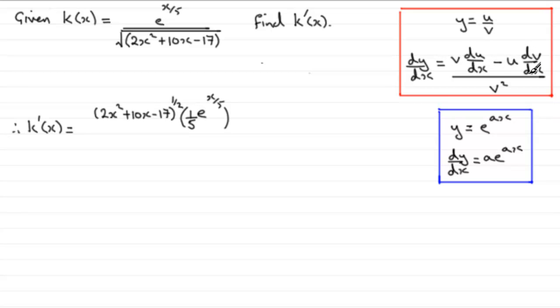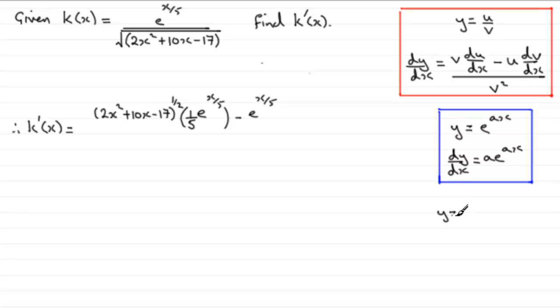Now we've got to do the next term, minus, and then we've got the top of the fraction, u, times the differential of the bottom of the fraction. So u, the top of the fraction, e to the power a fifth x, or e to the power x over 5, is now multiplied by the differential of the bottom of the fraction. For this, we've got to use the chain rule.